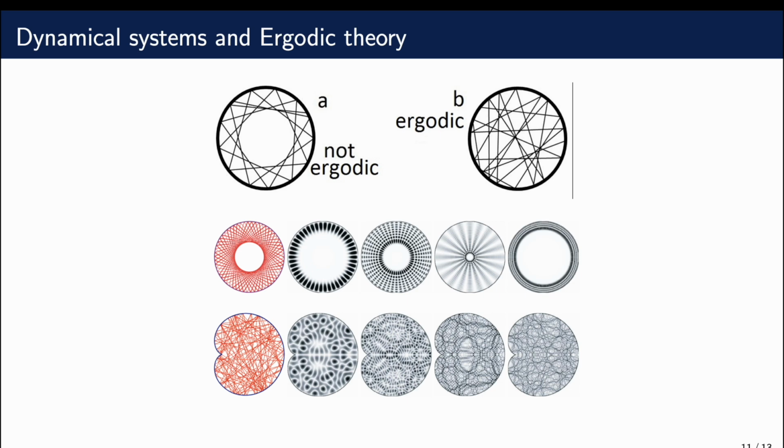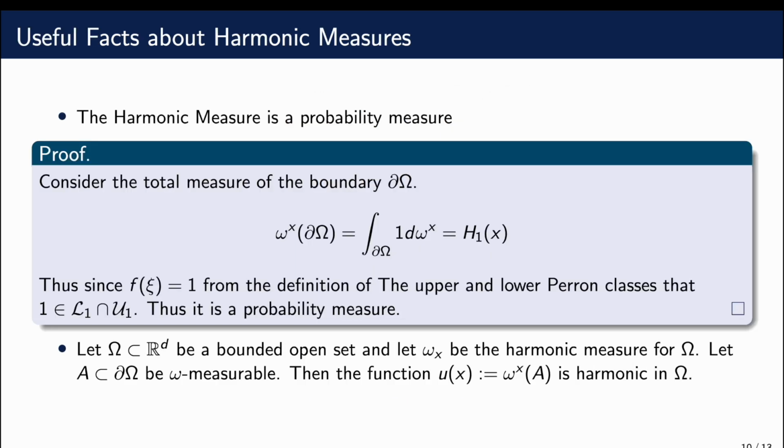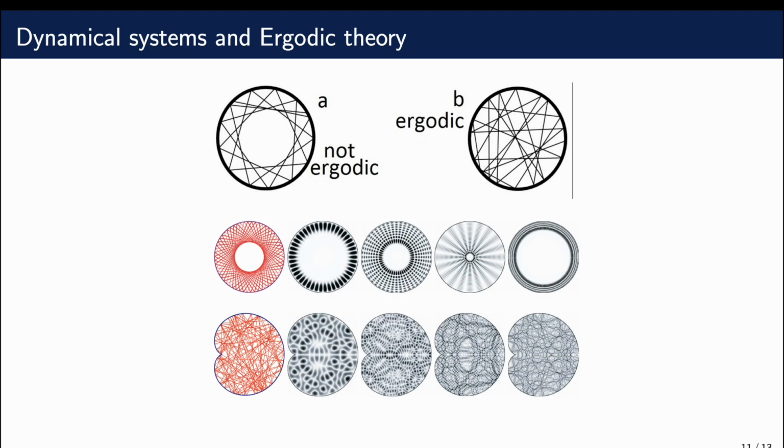Lastly, I want to go over a couple of examples and uses for harmonic measures. One of them that I am personally fascinated by is dynamical systems in ergodic theory.